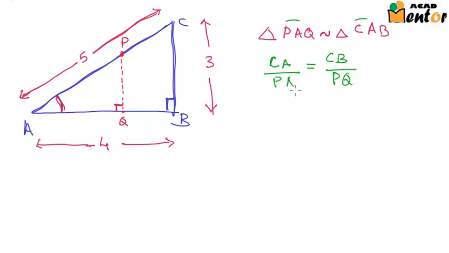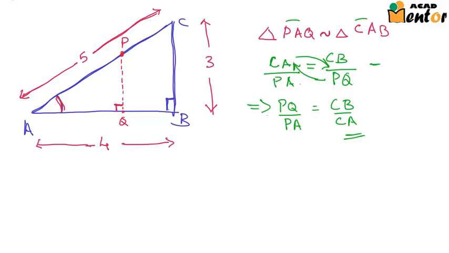So here PA. So we have this relation because the triangles are similar. This in turn means PQ by PA is equal to CB by CA. I just transposed these two terms. So we have this relationship.